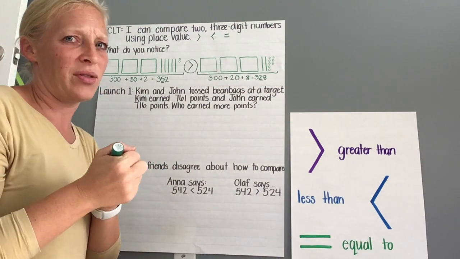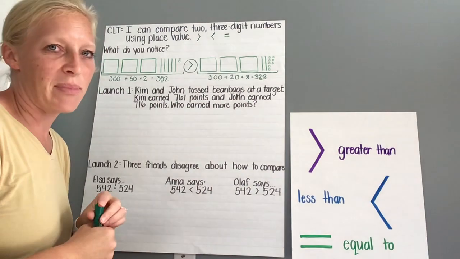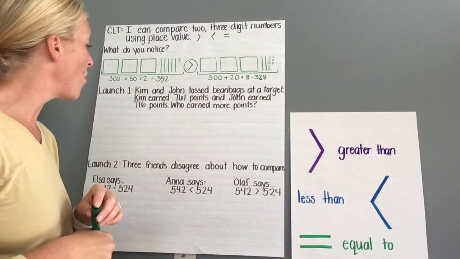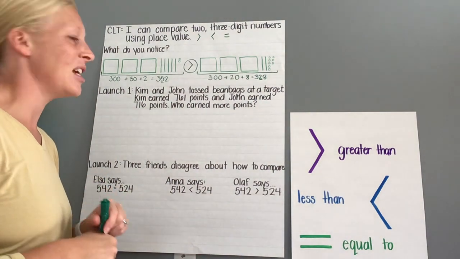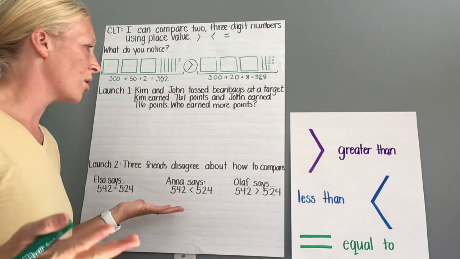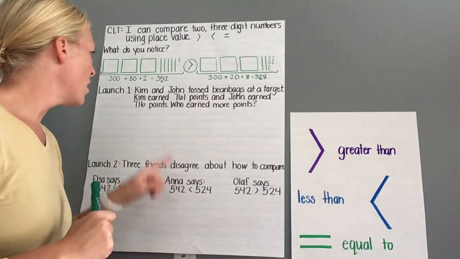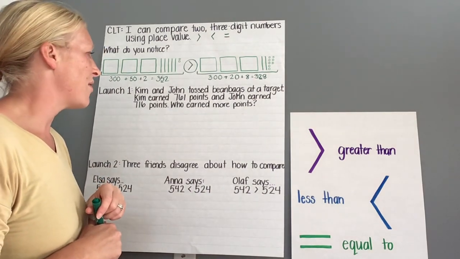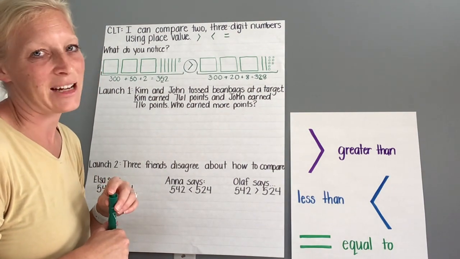Let's see if we can put this work to use. Ready? Kim and John tossed bean bags at a target. Kim earned 761 points, and John earned 716 points. Who earned more points? Let me do that one more time. Kim and John tossed bean bags at a target. Kim earned 761 points, and John earned 716 points.